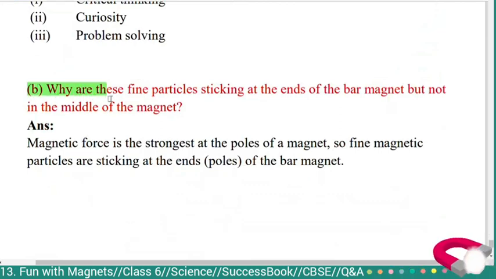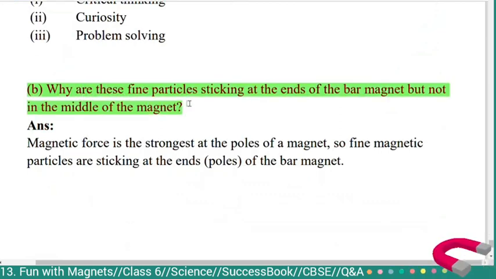Second question: why are these fine particles sticking at the ends of the bar magnet but not in the middle of the magnet? Answer: magnetic force is the strongest at the poles of a magnet.